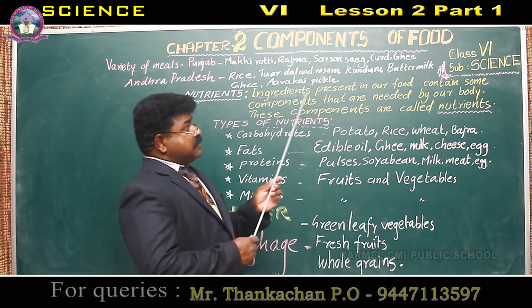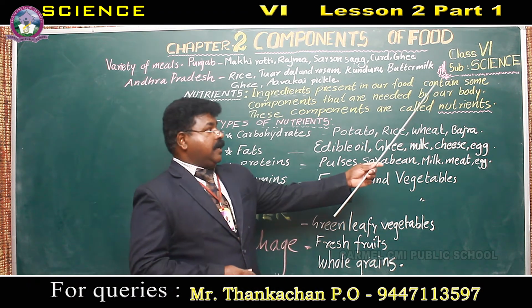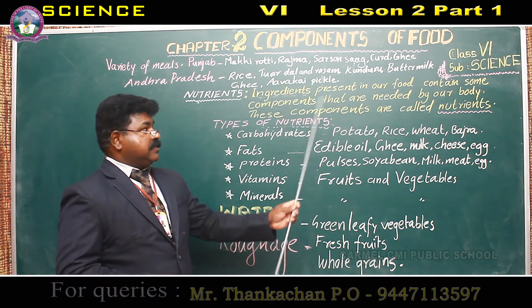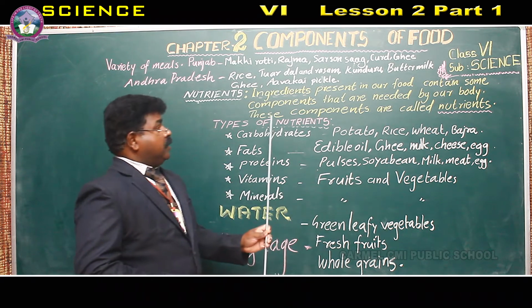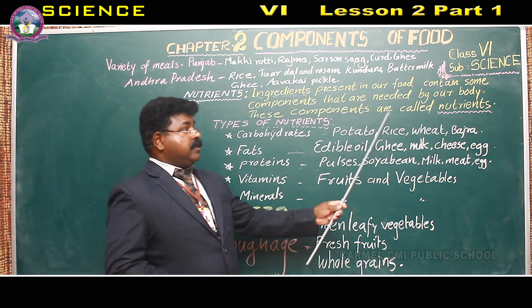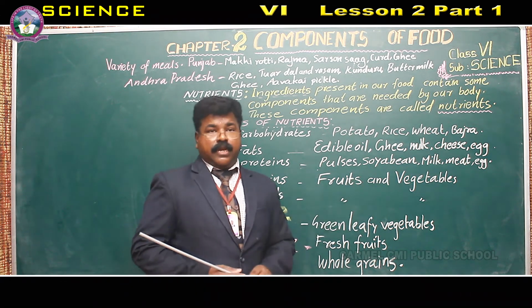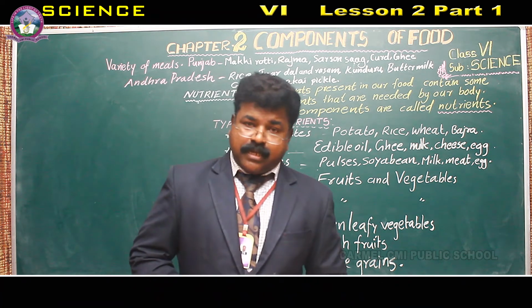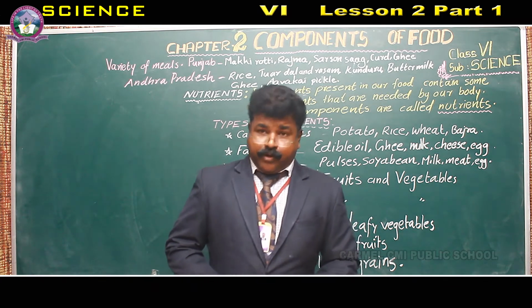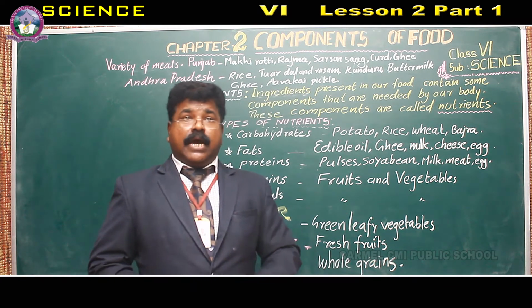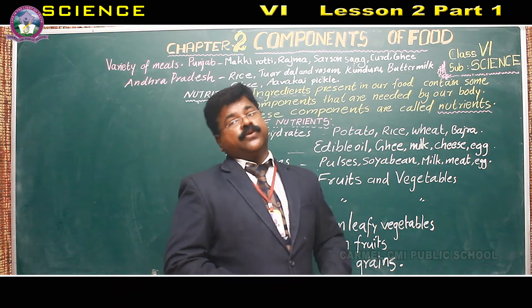The ingredients present in our food contain some components that are needed by our body. These components are called nutrients. Okay, the ingredients of our food items contain certain components that are needed by our body for the growth and development of our body, and these components are known as nutrients.